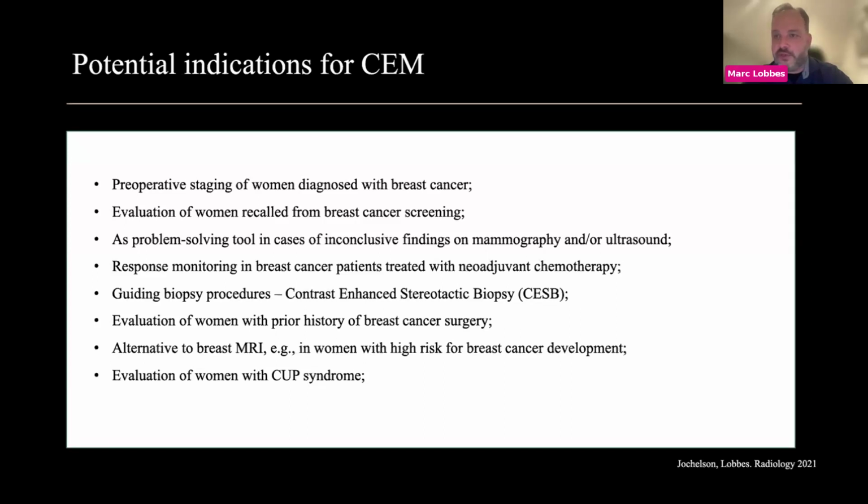If negative, you should do an MRI. But if you know that the sensitivity and specificity of these techniques is on par, why not immediately do a contrast-enhanced mammography? And of course, when breast lesions are detected on other imaging modalities, when we already see an ugly lesion on a chest CT, like we saw a lot in the COVID period, we immediately do contrast-enhanced mammography to already start the preoperative staging as well.